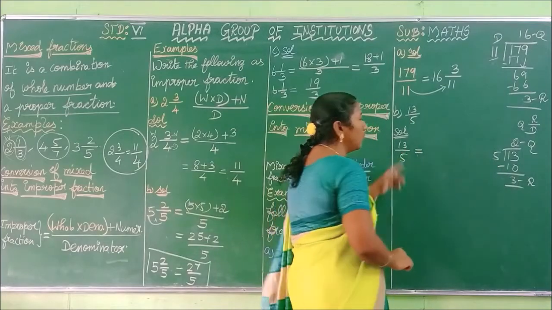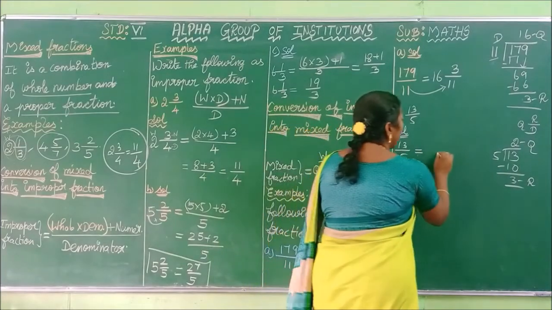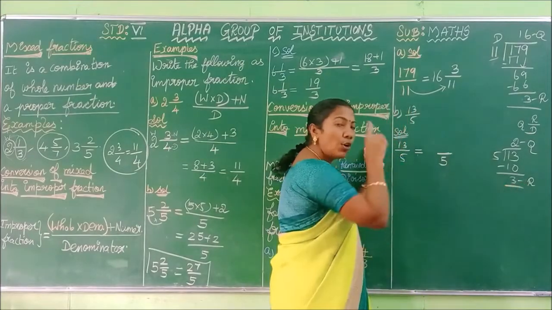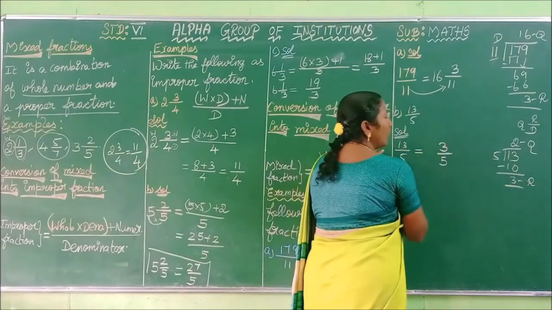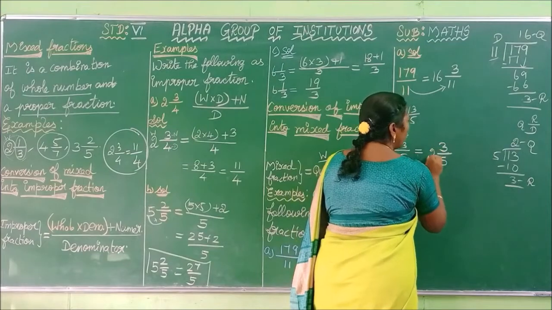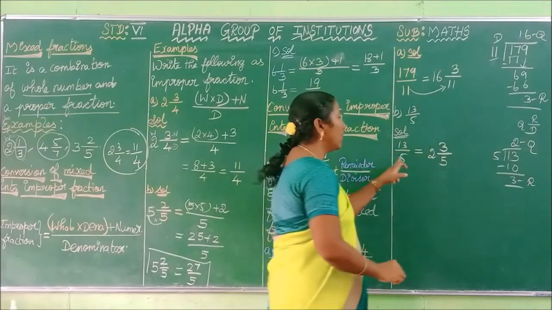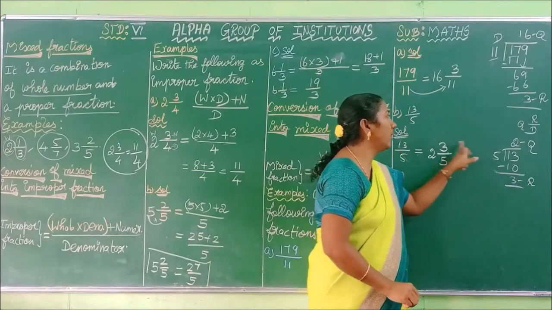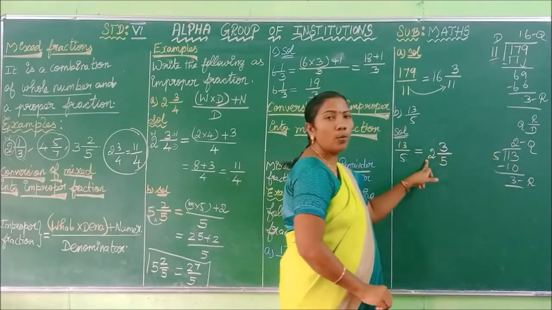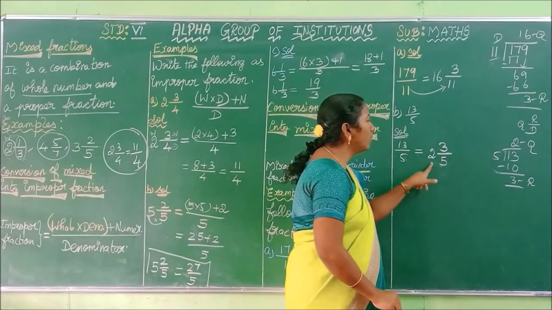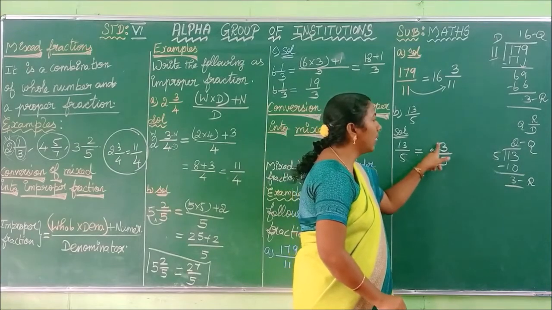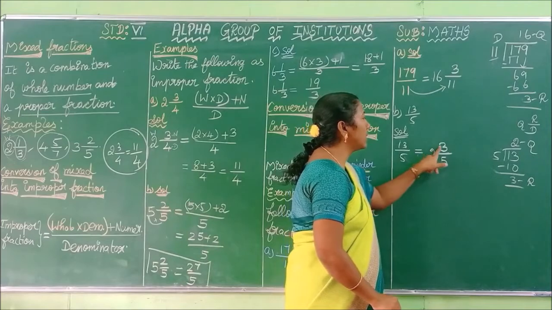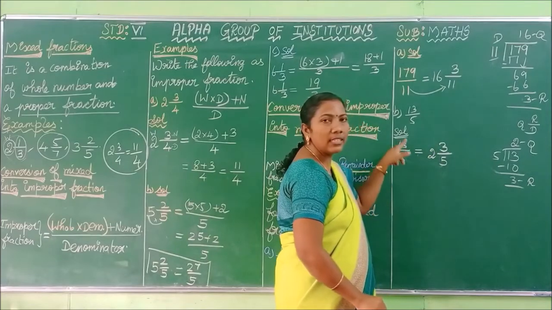Write the denominator as it is. Remainder became the numerator and quotient became the whole part. Do you understand, children? Now we can check. 5 2s are 10, 10 plus 3, 13. So our answer is correct.